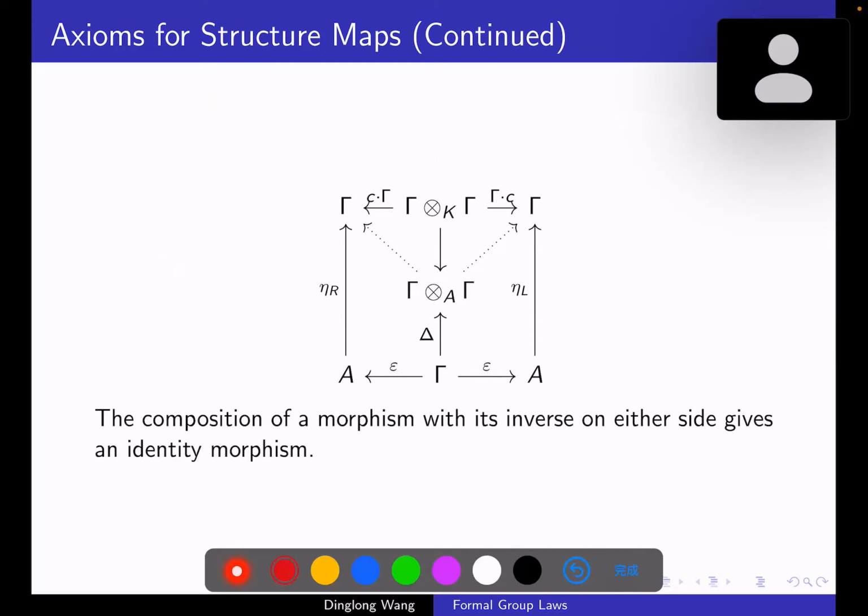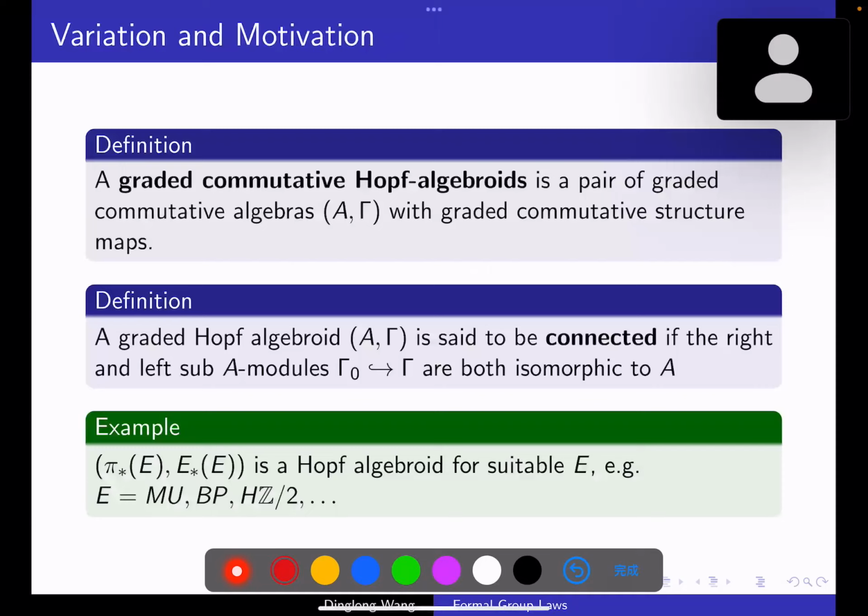So you basically check that if you have a map from gamma to B, then you compose it in different ways, and you should get a statement here, and there are some variations.